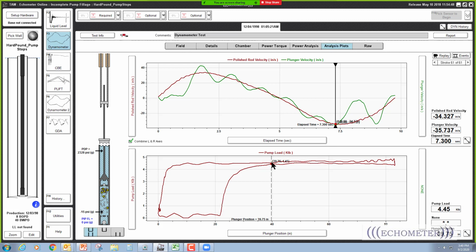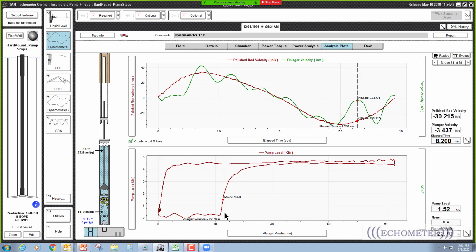Why? Because we're starting to have the gas pressure inside the pump go up. So we're starting to compress the gas inside the pump chamber, and the plunger is quickly slowing down, and the plunger almost stops right there. See, there's 0 velocity.